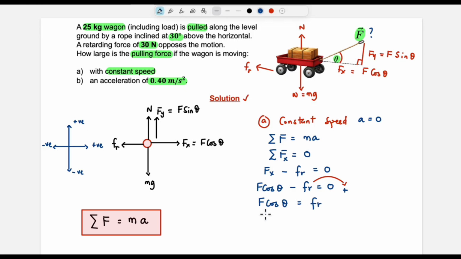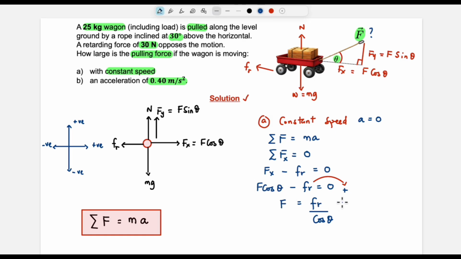Now, what we can do next is divide both sides by cosine of theta, because we need to isolate just the pulling force. So cosine of theta here divided by cosine of theta here. So we balance the equation. This cancels that. We are left with just the pulling force on the left-hand side.